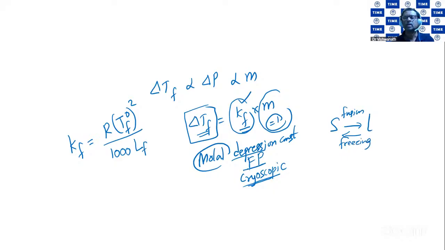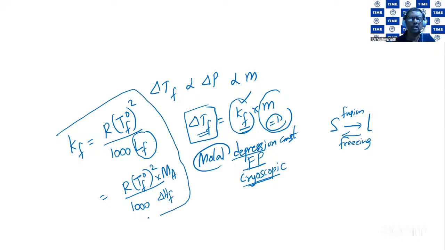So freezing point or the fusion point is the same, or latent heat of fusion or latent heat of freezing is the same. And in a similar way that we showed for the previous one, we will have 1000 delta H fusion multiplied by MA. Very, very similar. KF is also dependent on solvent, right?